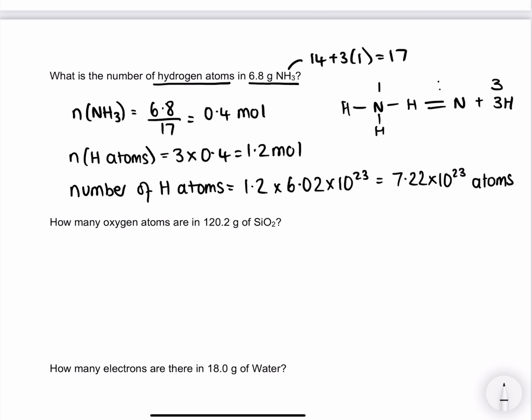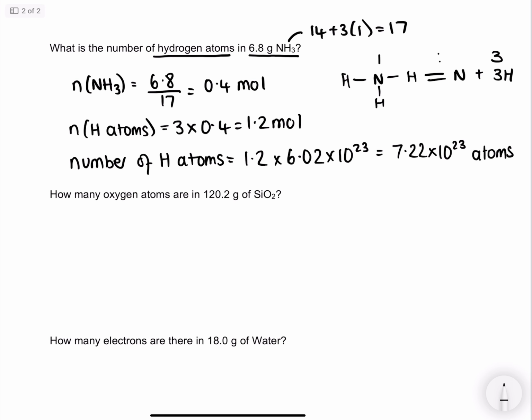Okay, so let's have a look at another one. What about how many oxygen atoms are there in 120.2 grams of silicon dioxide? So our first thing is to turn 120.2 grams into moles. So again, using our periodic table and adding up silicon dioxide. So 28.1 plus 2 lots of 16, 60.1.